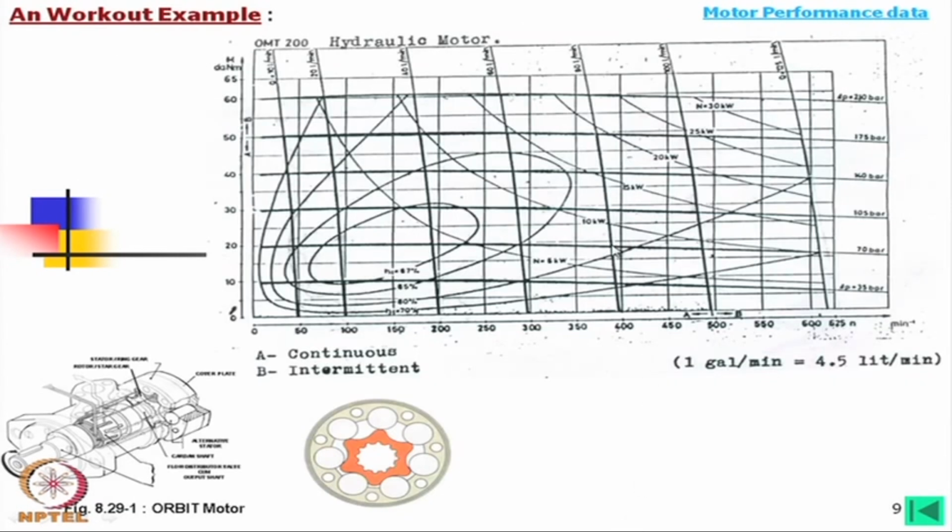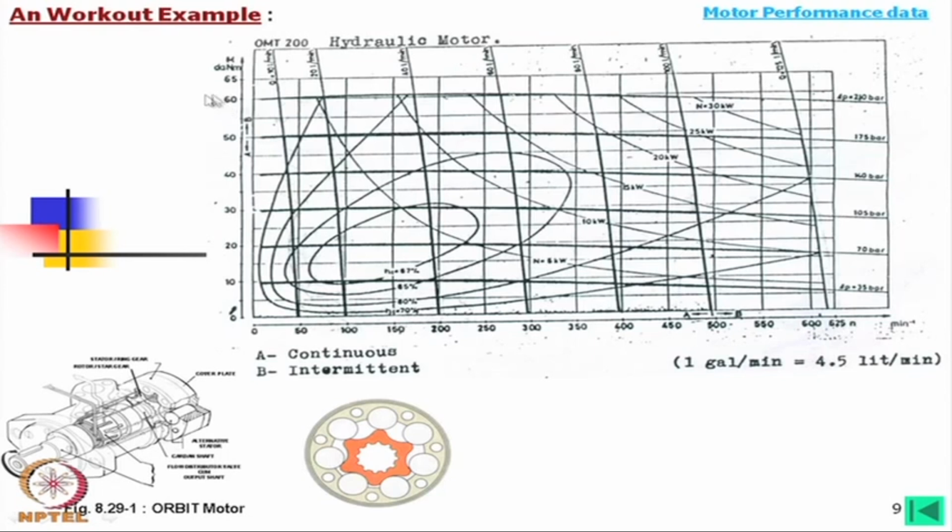And the motor we have used is called an orbit motor, which is low speed, high torque. That means it can give very high torque output at low speed. As you can see, the maximum continuous speed is only 500 RPM, whereas for the pump you have seen 2000 RPM or more.